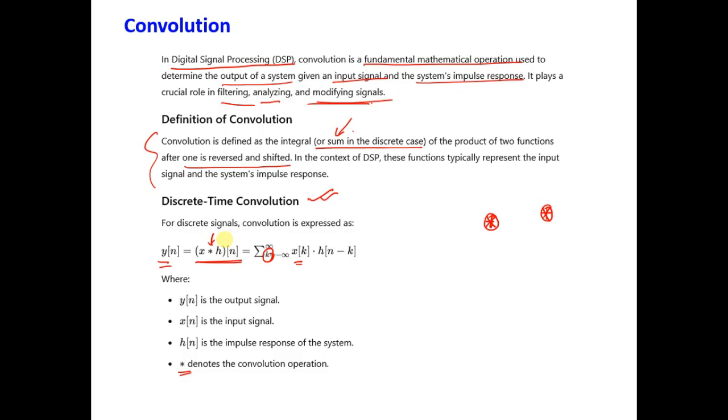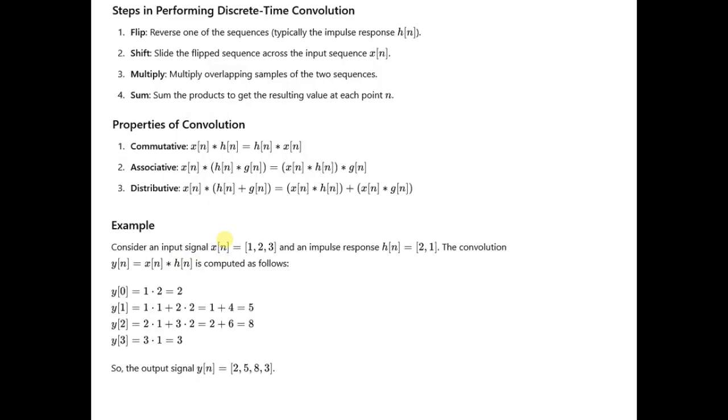So what are the steps in performing the discrete time convolution? Suppose we are given x[n], which is the input, and h[n] is the impulse response. When we find y[n], it is nothing but x[n] convolved with h[n].